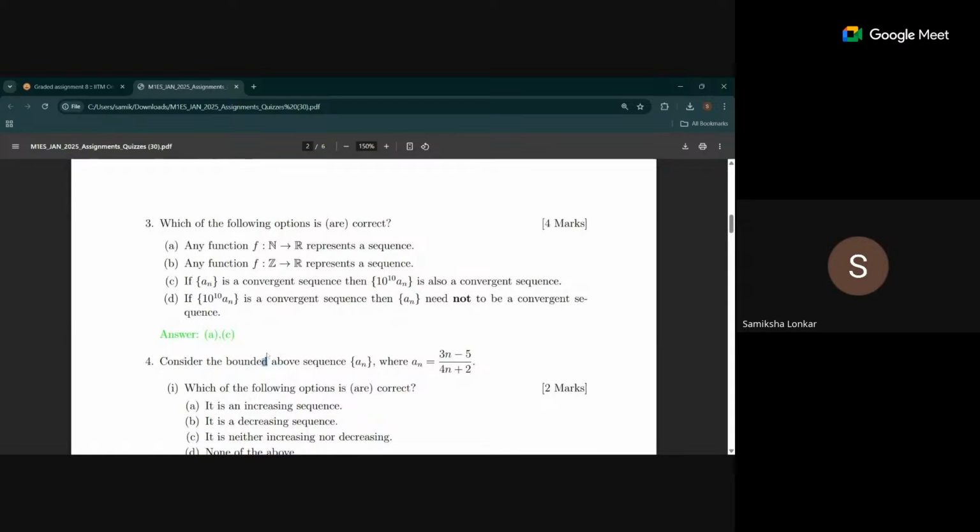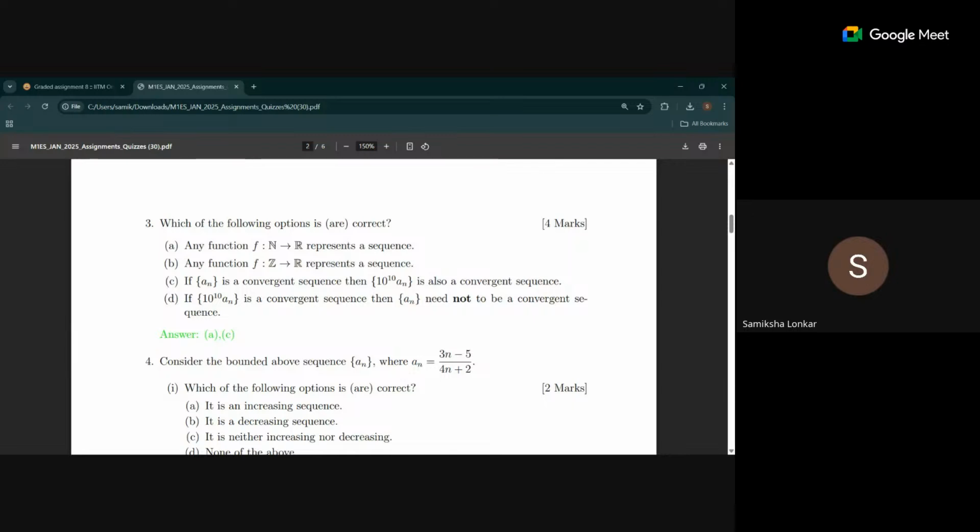The third question actually needs the definition of a sequence. We know that any function from the set of natural numbers to any other domain represents a sequence. That's why option A is correct, but option B is not correct because the domain is given to be the set of integers. Option C says if AN is a convergent sequence, then 10 to the power 10 of AN is also a convergent sequence.